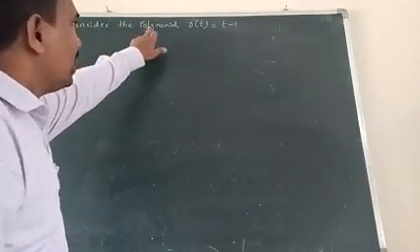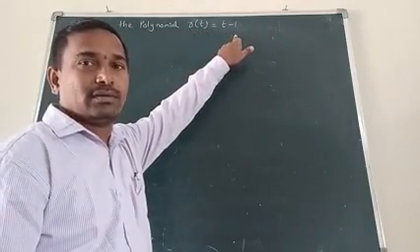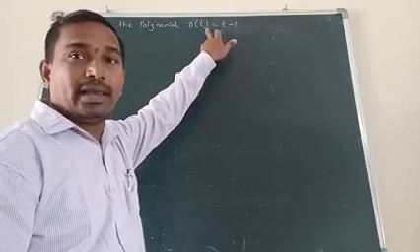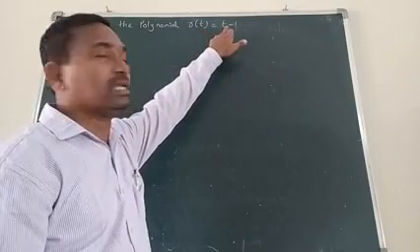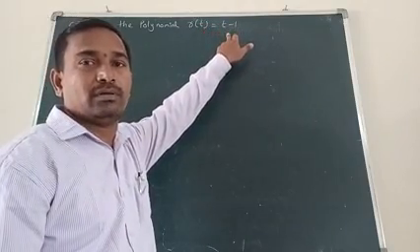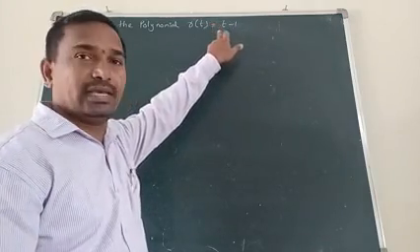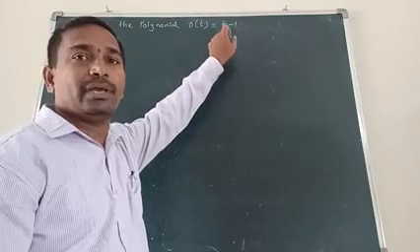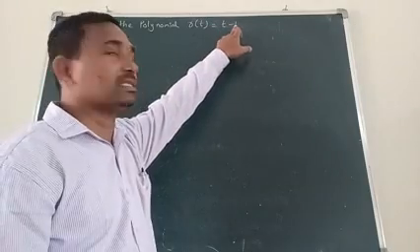Let us consider the polynomial r of t equal to t minus 1. It is a polynomial in the variable t. Now let us check for what value of t this polynomial becomes 0. So what is here? t minus 1.